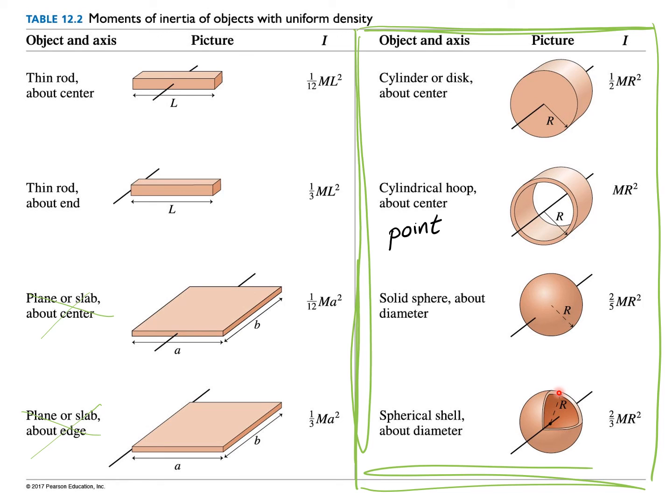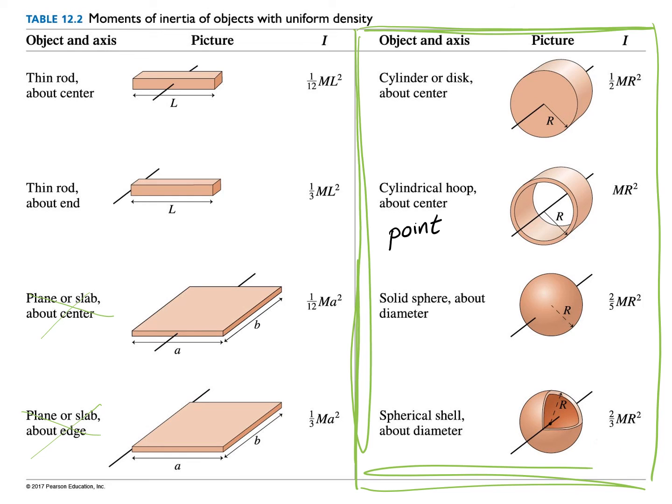Because here we have an inside and an outside, it's the outside portion of our shell. So here we have a spherical shell, 2/3 MR squared. Again, this M corresponds to the total mass, and R corresponds to the radius of the outside portion.